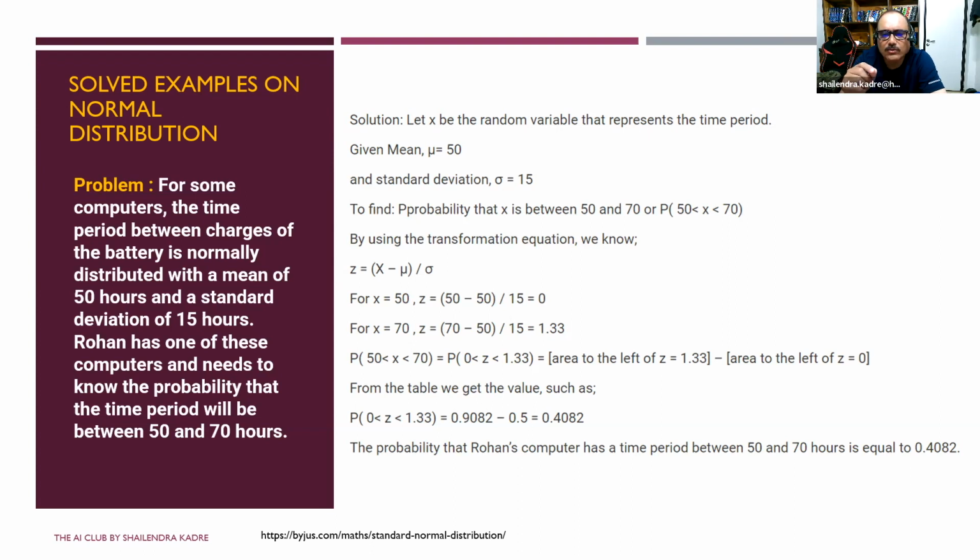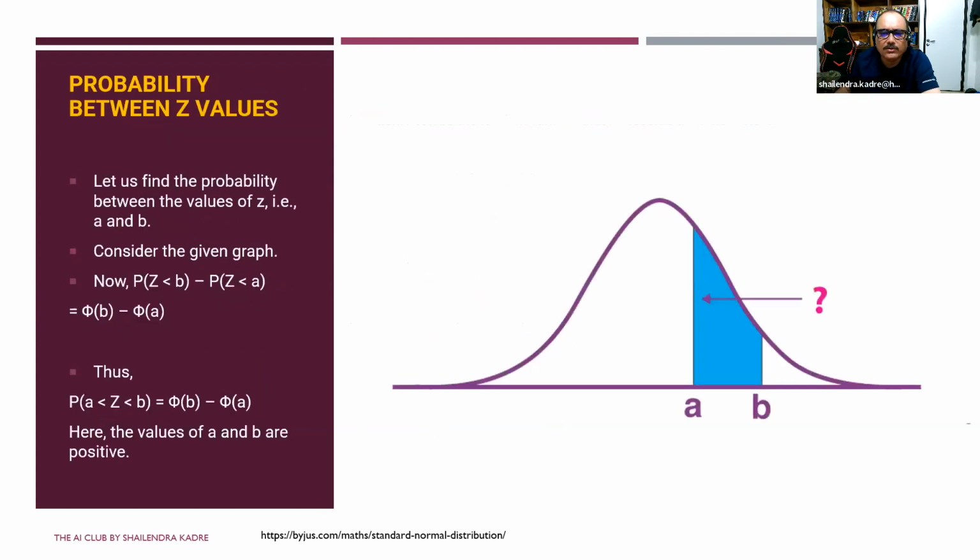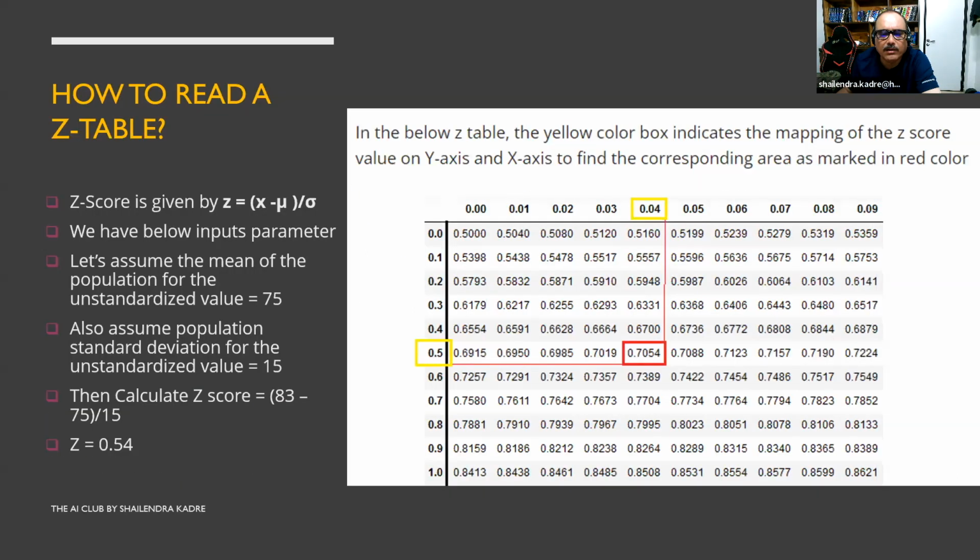So now you have to find the probability between z equal to 0 and z equal to 1.33. So now you find the area to the left. Z is positive, both the z's are positive, 0 also positive, 1.33 also positive. Let us see the z table.